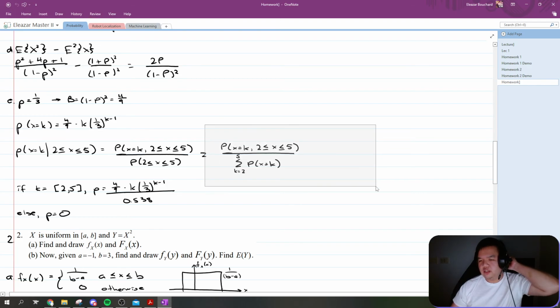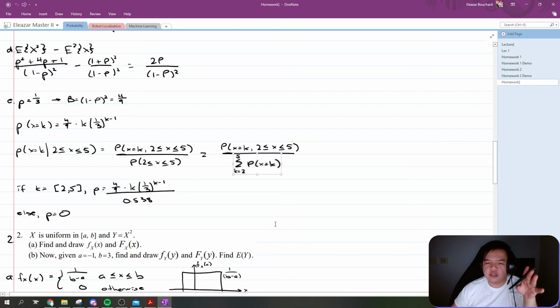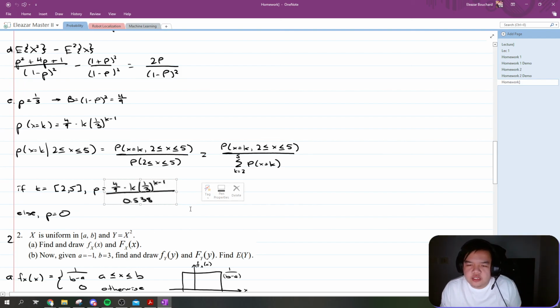We translate the denominator into the summation from 2 to 5 of the probability of x equals k. So if k equals 2 to 5, our answer is 4/9 times k times 1/3 to the k minus 1 over 0.538, and for any other value of k, the probability is just equal to 0.